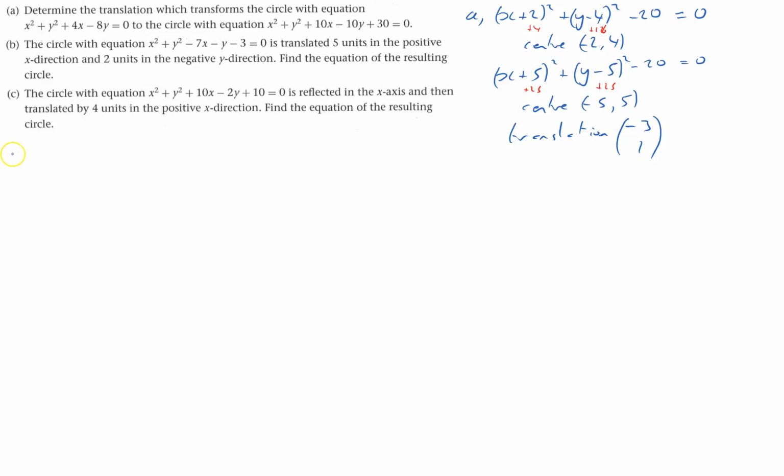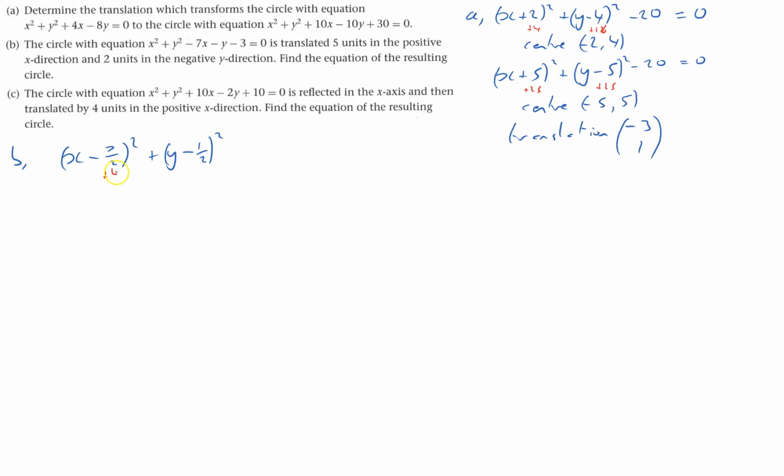Right, part B, do it over here. This equation is 5 units in the positive x and 2 units, so I'm going to complete the square again. So x minus 7 over 2 squared plus y minus a half, or 1 over 2 squared, and this will give me the x squared plus or minus 7x.